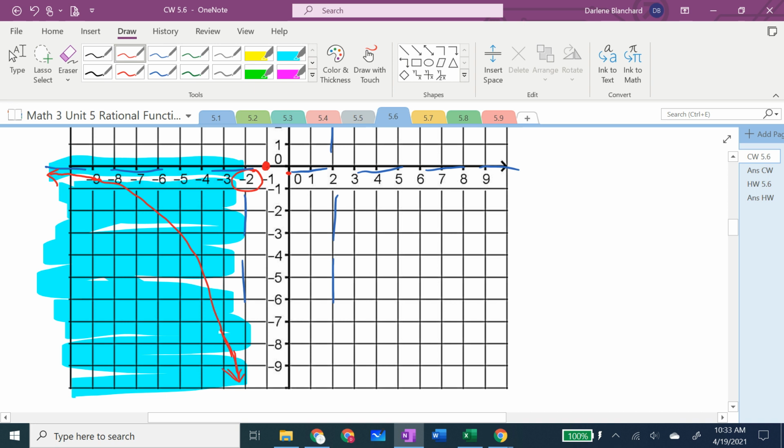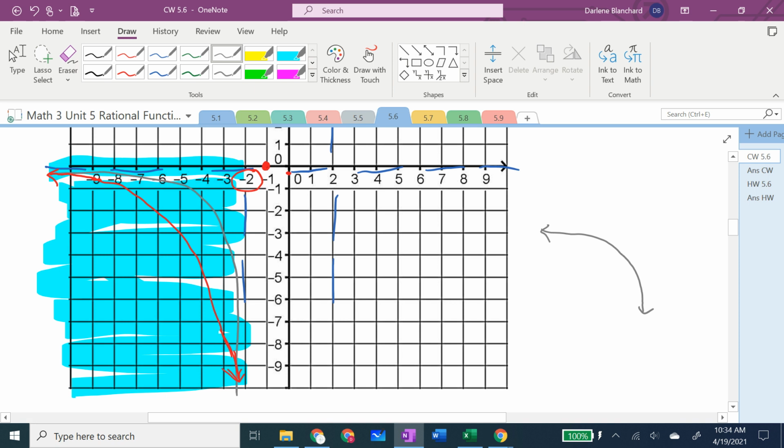And maybe that's not what you drew. Maybe you drew it differently. I don't care which one you draw. I just want you to get the idea that you have something that curves like this, that it must follow the asymptotes and be under the x-axis.